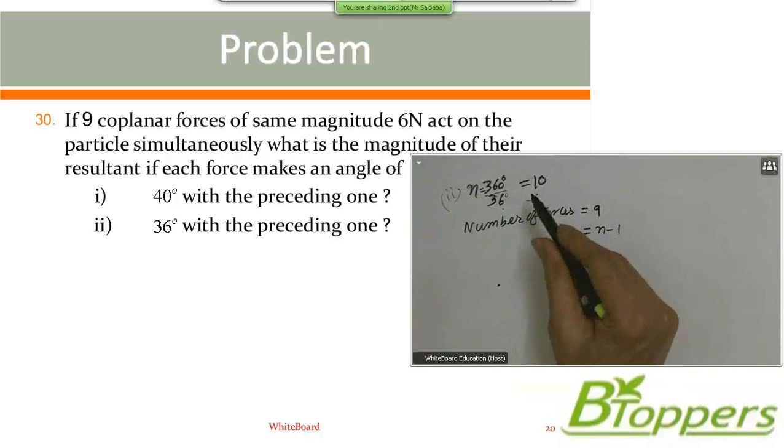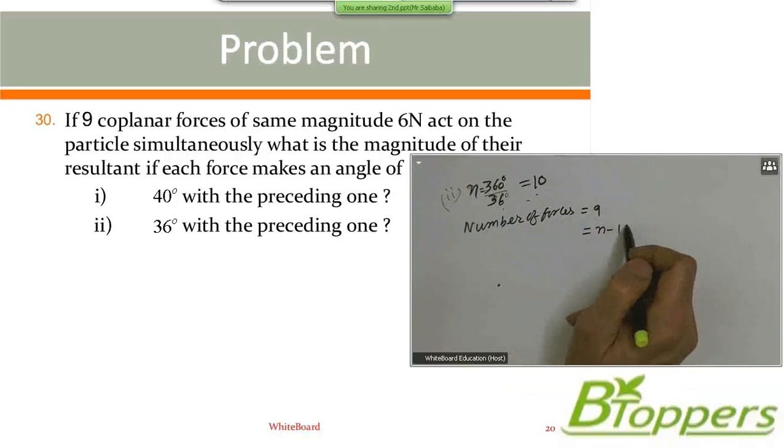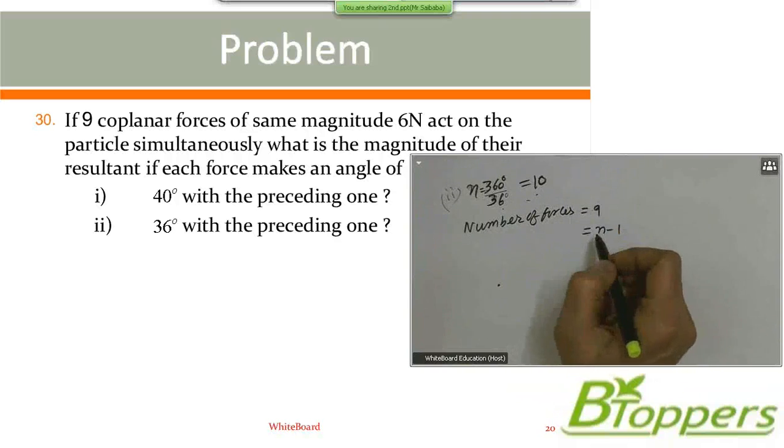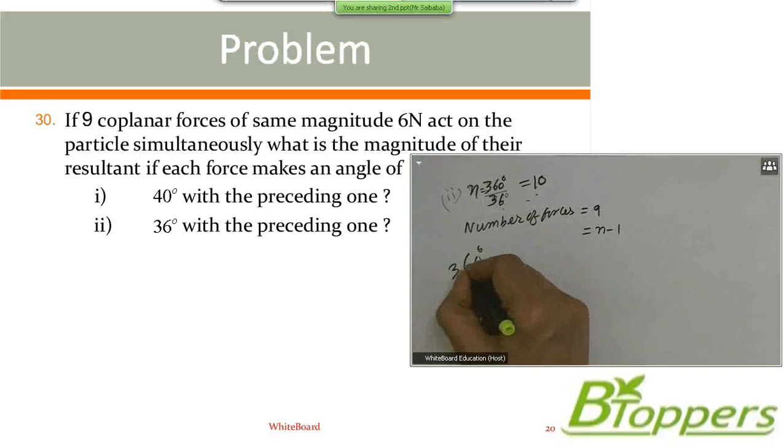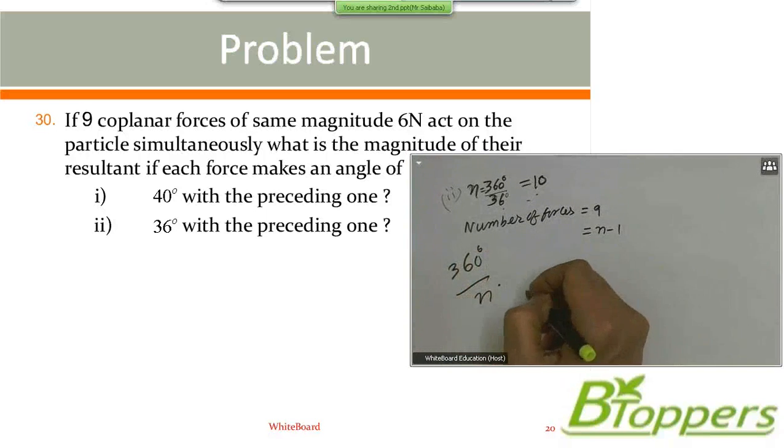As I discussed in case 2, in general, if there are n minus 1 forces of same magnitude acting simultaneously in the same plane, such that each force makes an angle of 360 degrees by n with the previous one, then magnitude of the resultant will be same as the magnitude of one of the forces. So here magnitude of one of the forces is 6 Newton. That means for second part of the question, answer is 6 Newton.